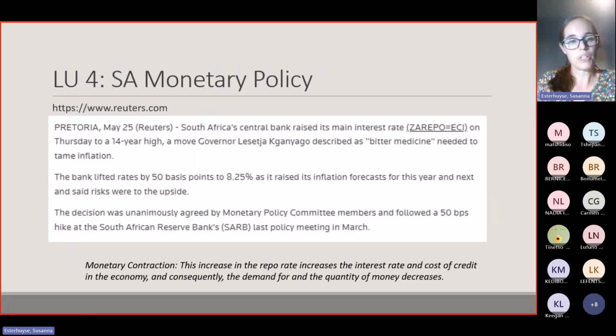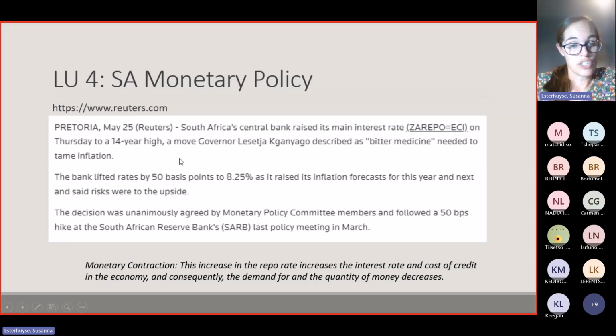An example in the media where you can see South Africa's central bank impacting the interest rate is the 25 May 2023 announcement, where the South African Central Bank raised the repo rate by 50 points to 8.25%. This is quite high, a 14-year high.